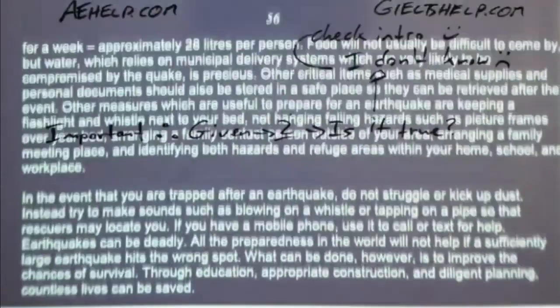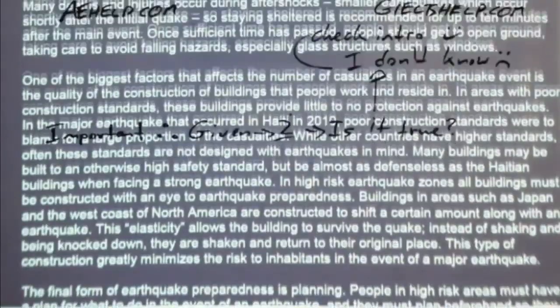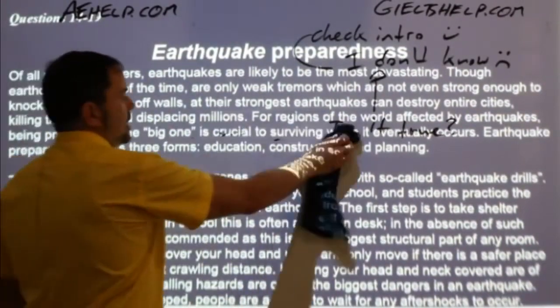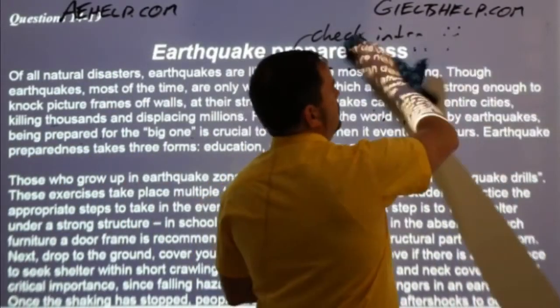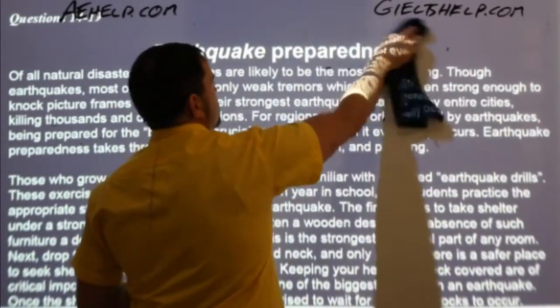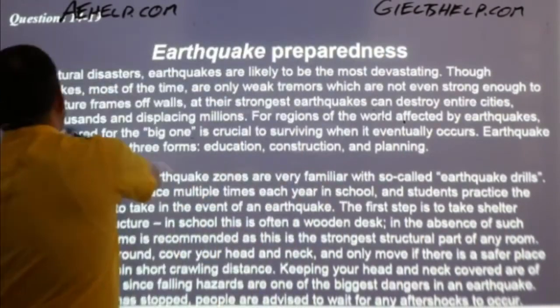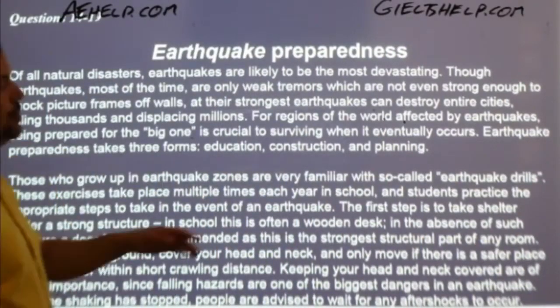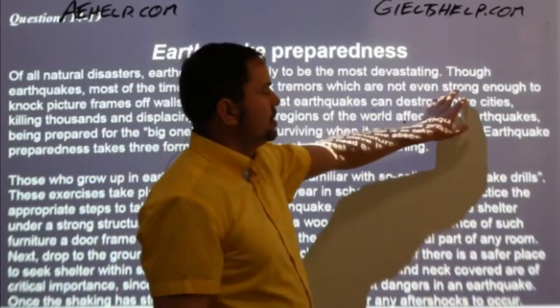This is something that I would look for in the introduction because clearly the strength of an earthquake is most likely discussed in the introduction because it's giving background information. Okay, background information. So I'm going to check the introduction and look for that. Now I'm looking for the word strong or strength.